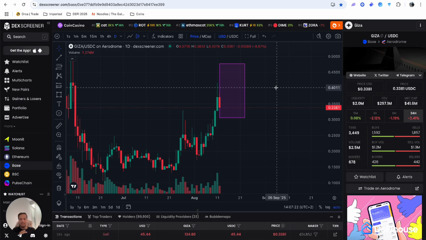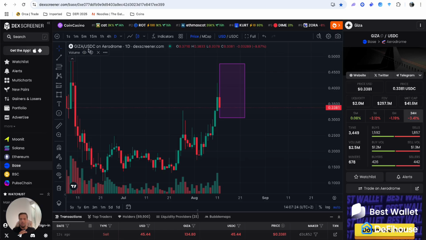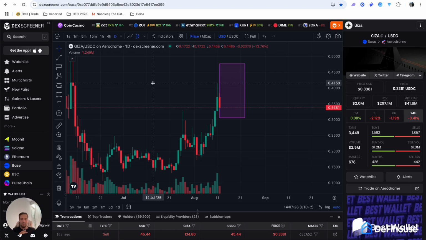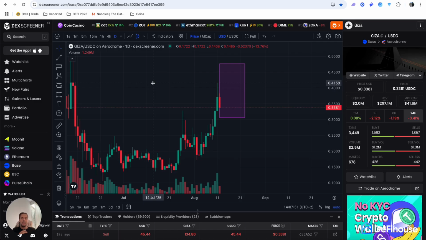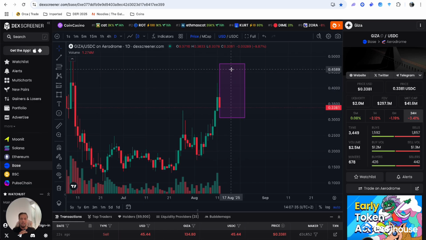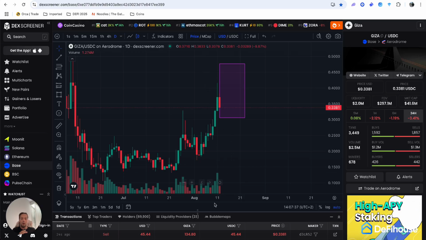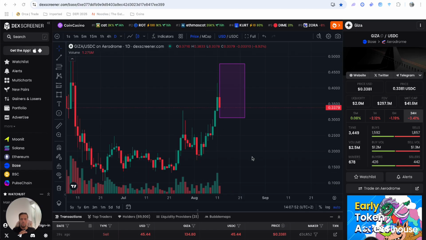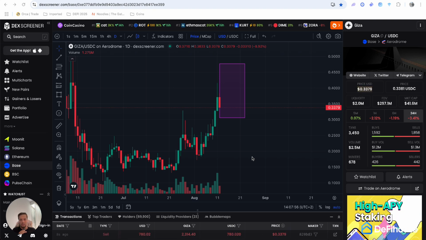And in this case, if this is Giza USDC pool, so the first asset is Giza and the second one is USDC, then if you leave less space to the downside and more space to the upside, you will be depositing most of the money in Giza coins and just a bit in USDC.